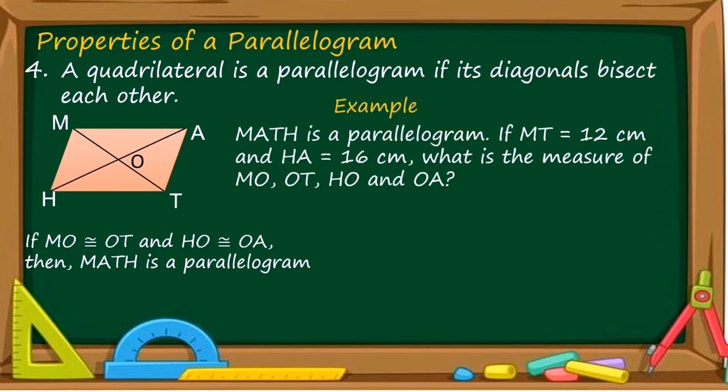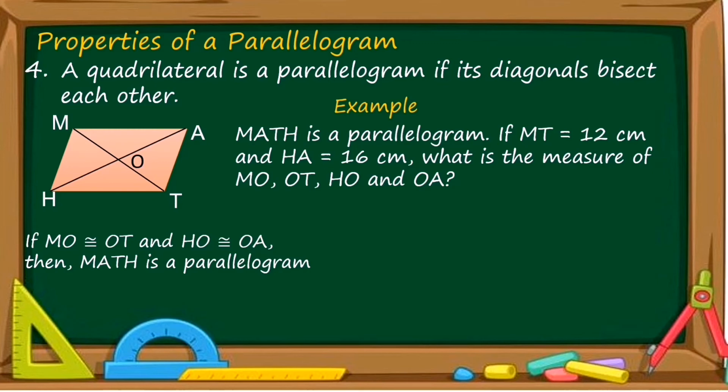MATH is a parallelogram if MT is equal to 12 cm and HA is equal to 16 cm. Then what is the measure of MO, OT, HO, and OA?